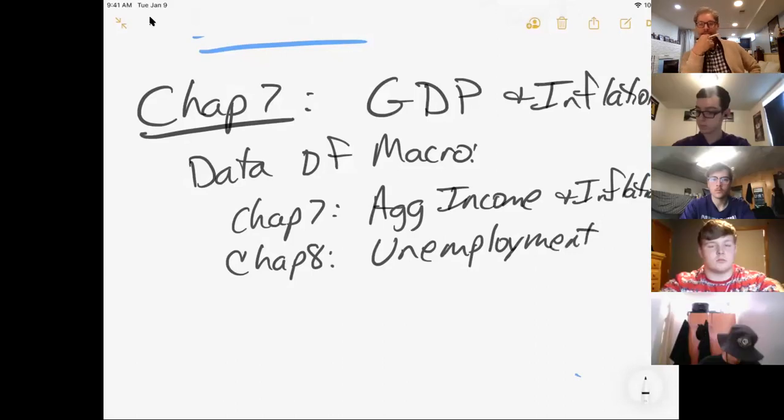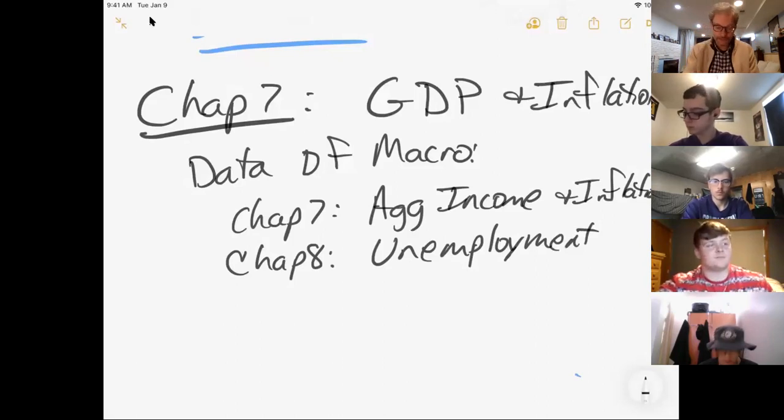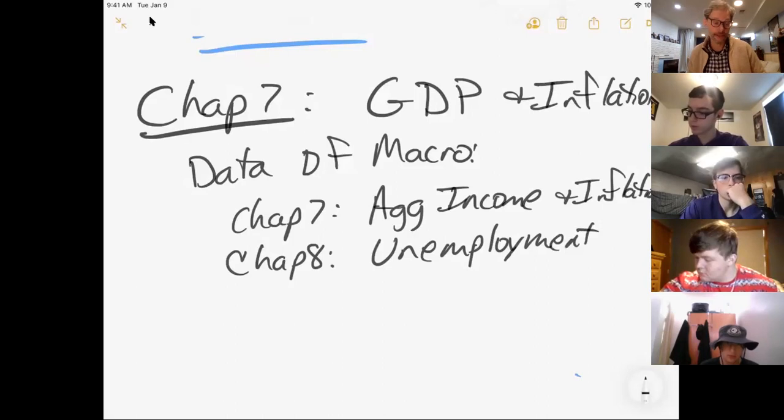The next couple of days, we'll be focusing on the more quantitative aspects of economics, specifically, how do we measure aggregate income, inflation, and unemployment? These are empirical questions about what the inflation rate is, what the unemployment rate is, what aggregate income is. And so we want to understand how exactly economists understand these.